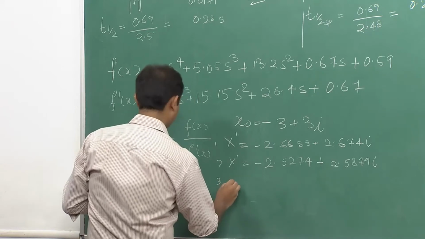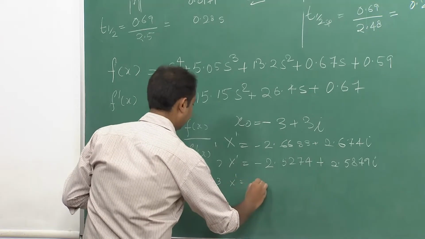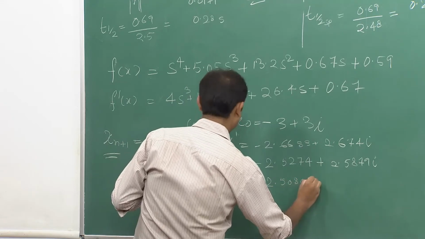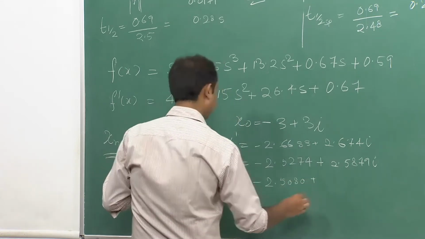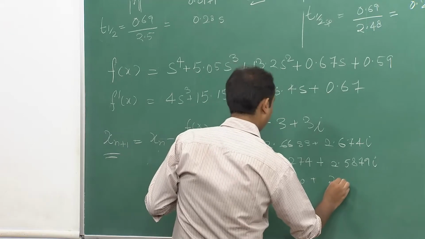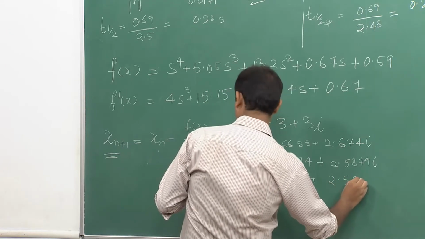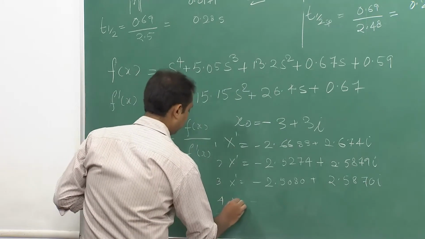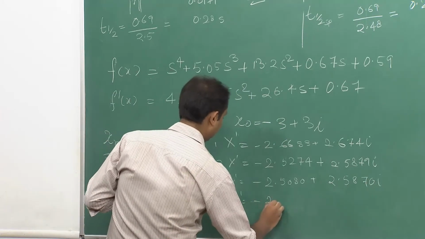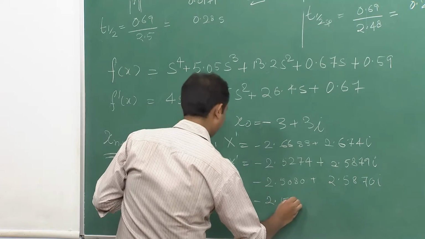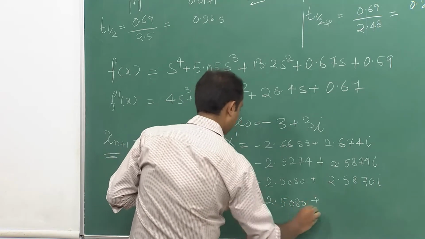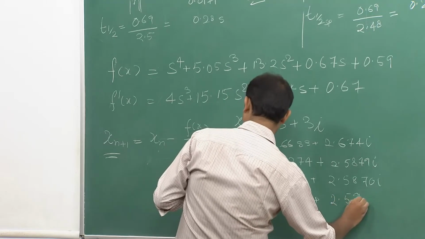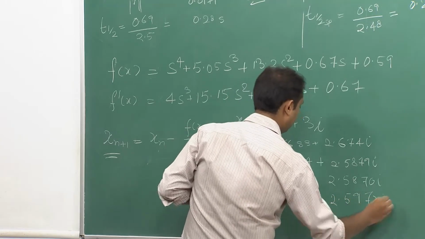The third iteration will give x dash equals minus 2.5080 plus 2.5870i. The fourth will give x dash equals minus 2.5080 plus 2.5972i.